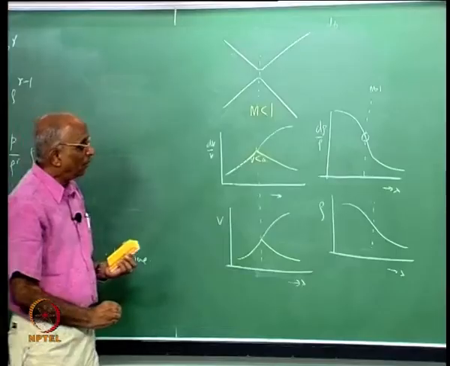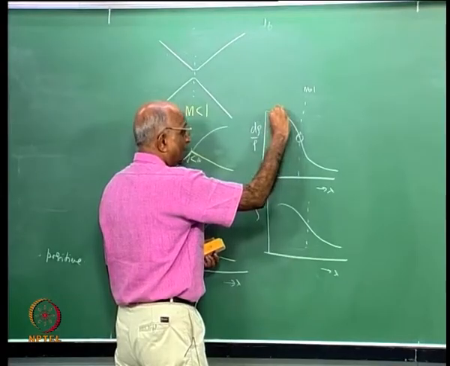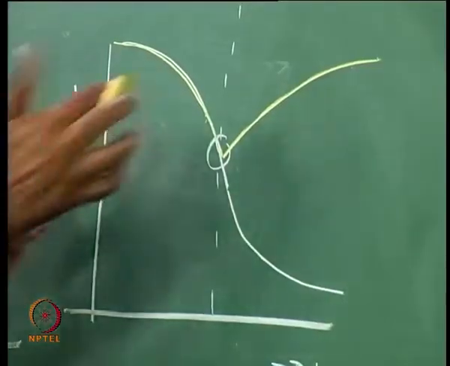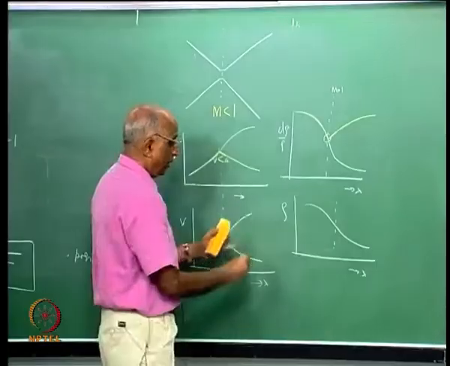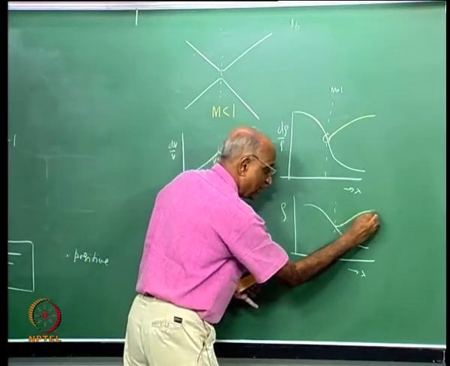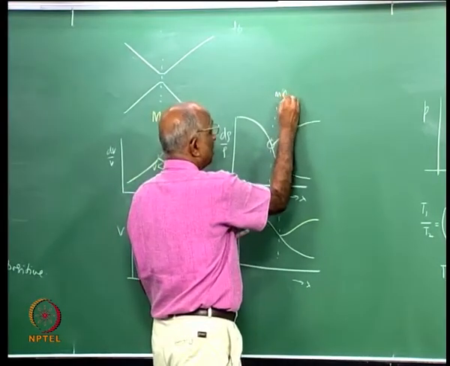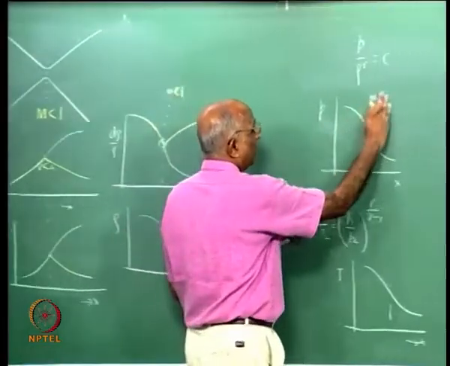What happens to the density? Density falls up to the throat and increases back. Therefore, I have a diffuser section here. Density again same picture, and now we say Mach number is less than 1.